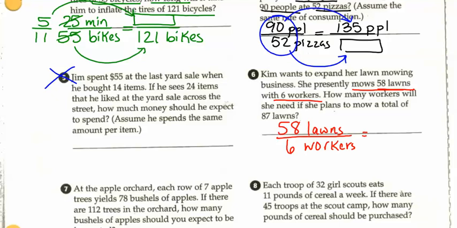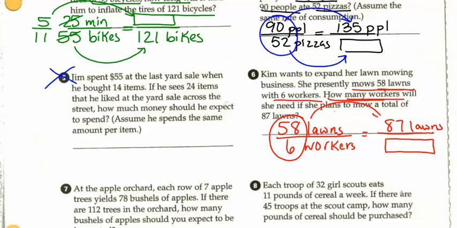And you want to know how many workers. So workers is right here. We don't know that. It says how many. And we know we have 87 lawns. So again, we are just going to simplify this ratio right here and then use that to scale up to go over to 87. Do the same thing to the 6. All right.